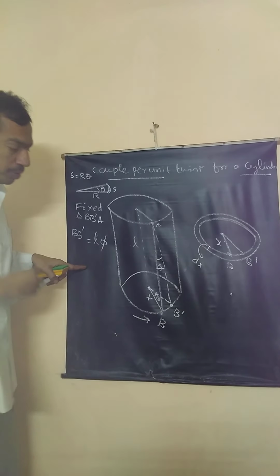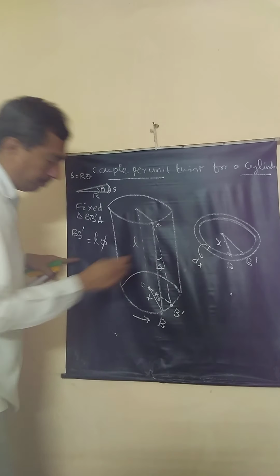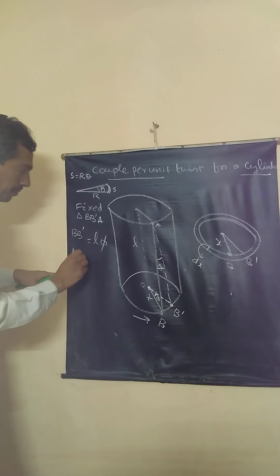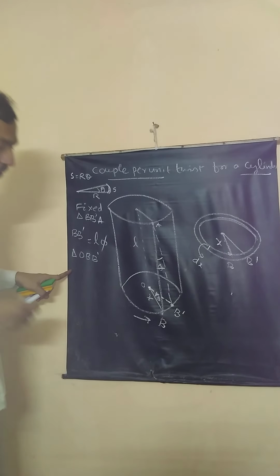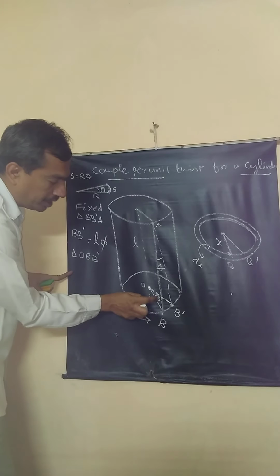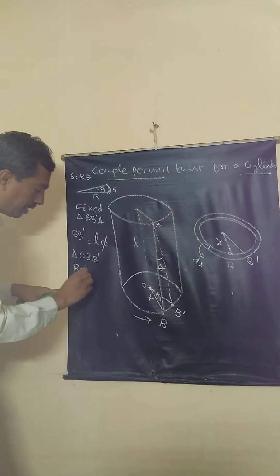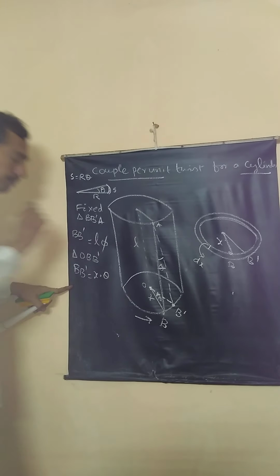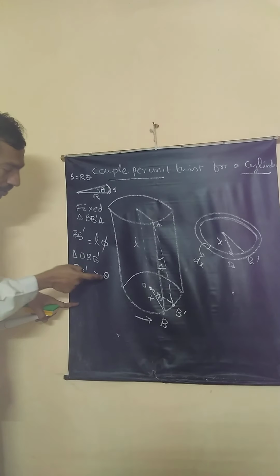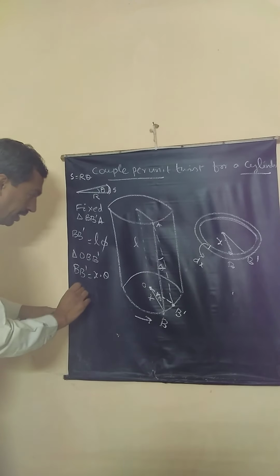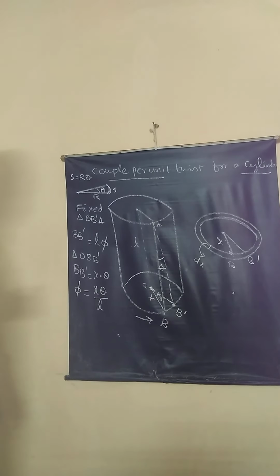Now look at another expression. Let this be O. From triangle OBB prime, what can you write? BB prime is equal to x into theta. Now look at these two expressions. BB prime is this, BB prime is this. So from these two, I can write phi is equal to x theta by L. Correct?